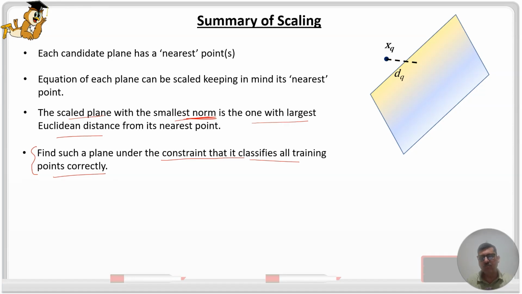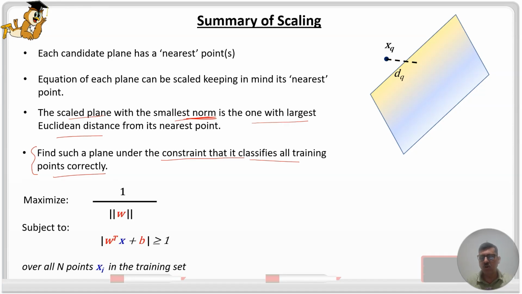That is the formulation of the SVM problem. In other words, we maximize 1 over the norm of W. This we said was the Euclidean distance of the nearest point from the equation of the scaled plane. So you want to maximize this. You want to maximize the Euclidean distance subject to modulus of W transpose X plus B being greater than or equal to 1 for all points xi in the training set.